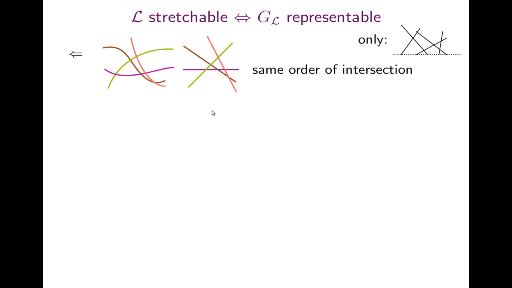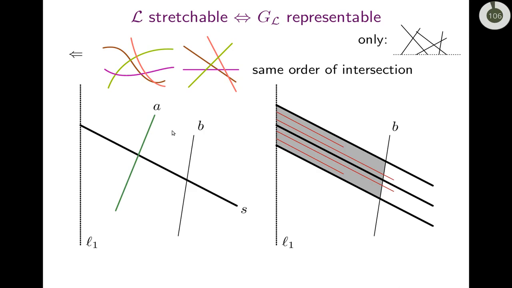So recall that given a pseudo-line arrangement, the only information that is important for us is the right order along each line of the other lines. Okay, so assume we have a representation of GL. So we want that first A intersects and then B intersects.